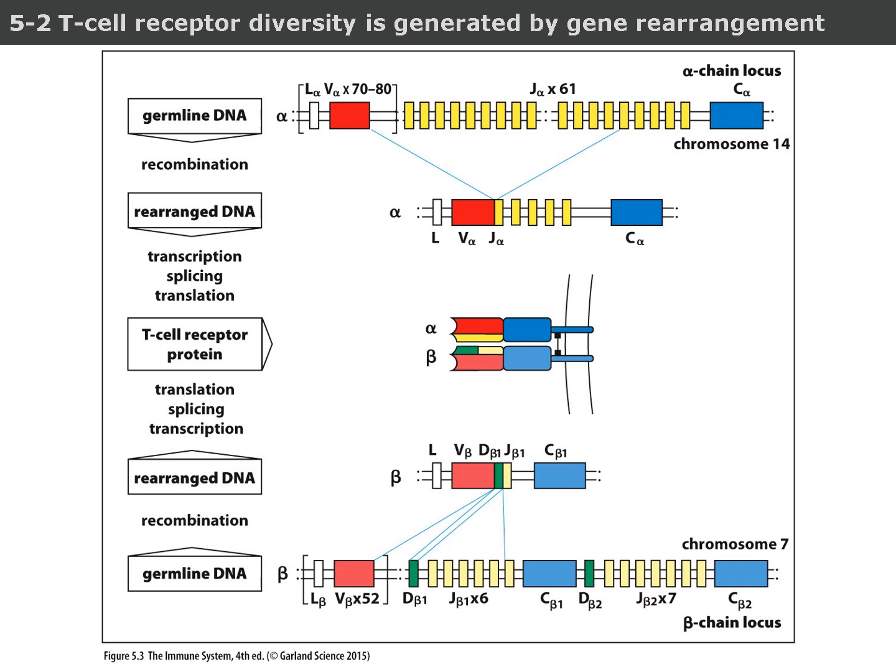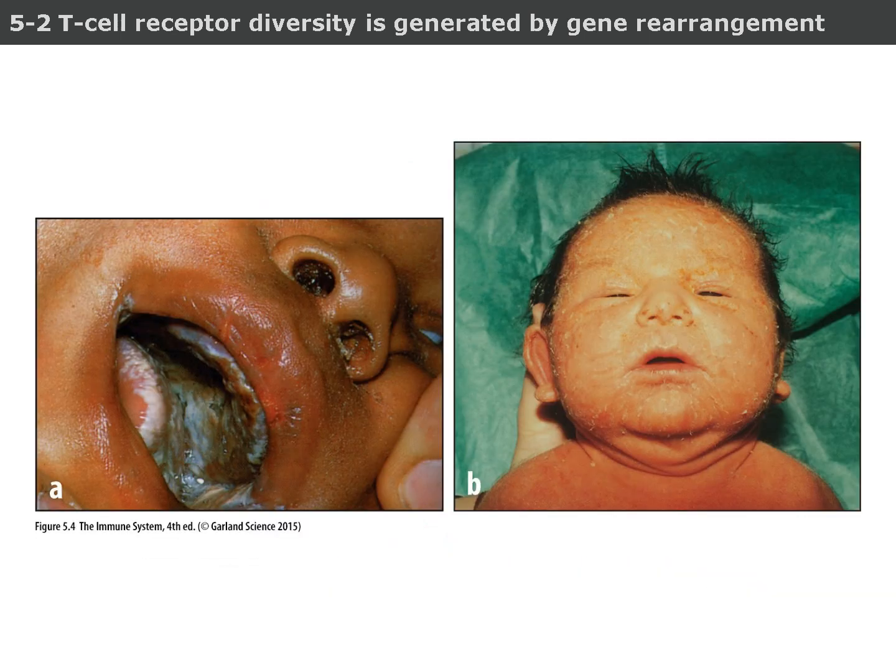This slide shows the clinical consequences of defective T-cell receptor gene rearrangement. On the left is a child with severe oral candidiasis, a fungal infection that occurs when the immune system is unable to control microbial growth. On the right is a newborn with a widespread rash and signs of systemic infection.